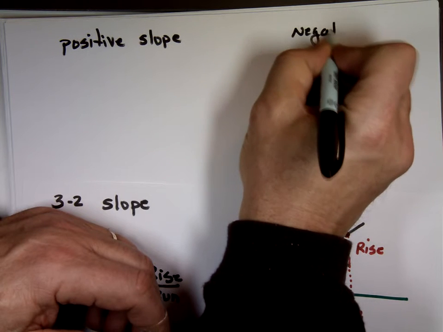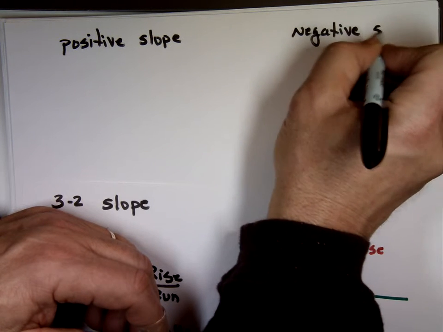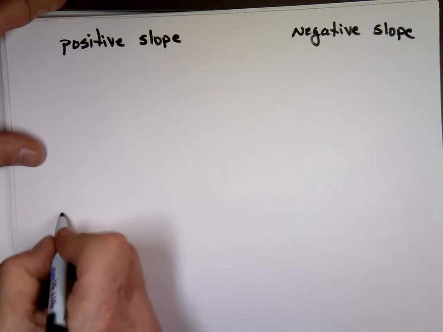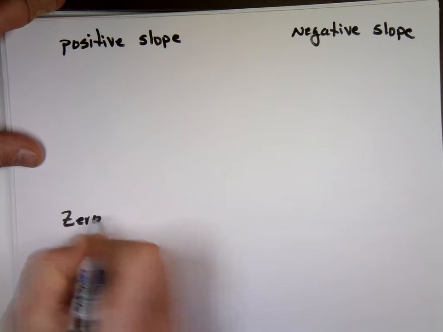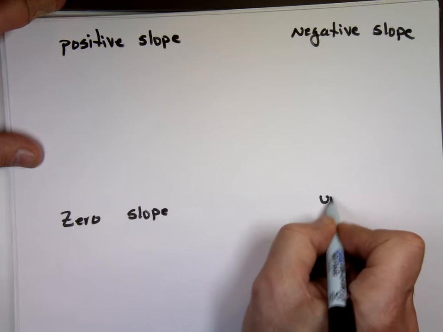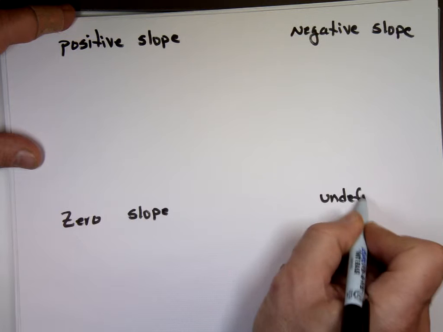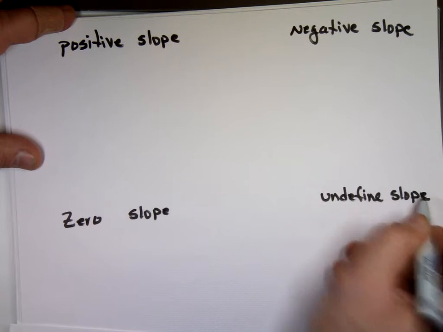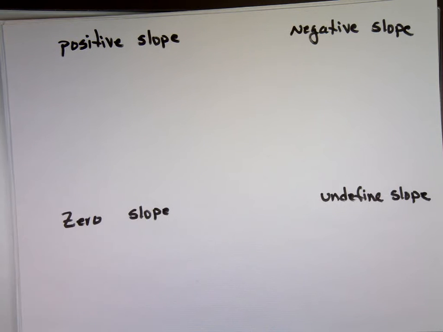I'll give you examples. You can have a 0 slope. And you can have an undefined slope. So is undefined going straight up and down? Correct.